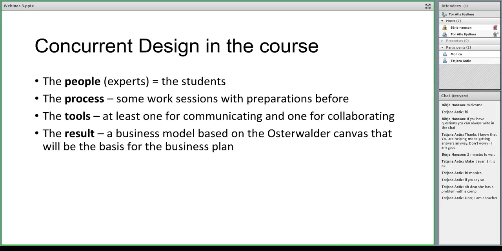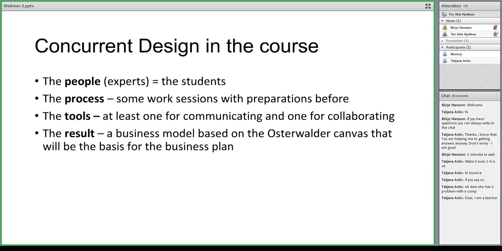That's partly the reason why we need the tools, because the tools are very important in the session. We need the tools for communicating, and we also need at least one tool for collaborating together, because we're going to do the actual job, or at least part of the actual job, in the work sessions.